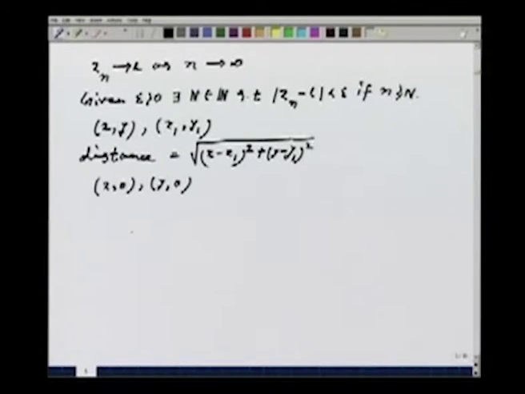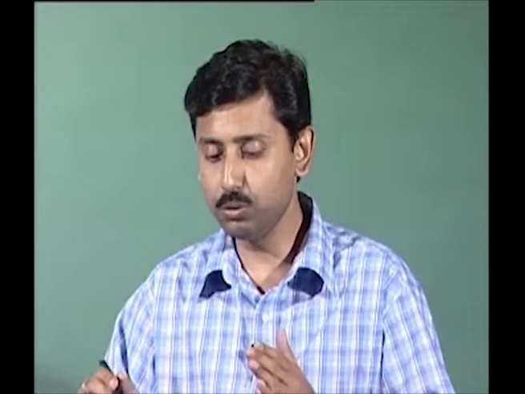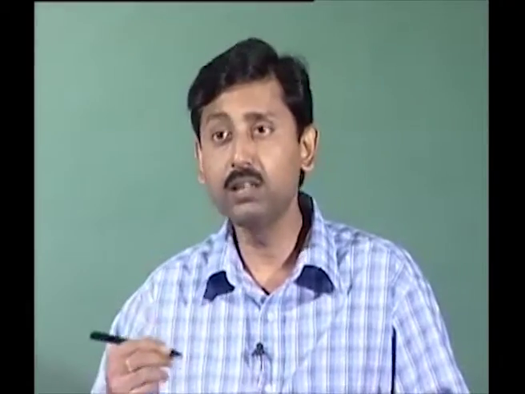Then the distance according to the above formula is the square root of (x minus y) squared. But since I am taking the positive square root, it is just modulus of x minus y. So in that sense, this distance, called the Euclidean distance between two points, is a generalization of modulus. So I am going to use this to define convergence of sequences.